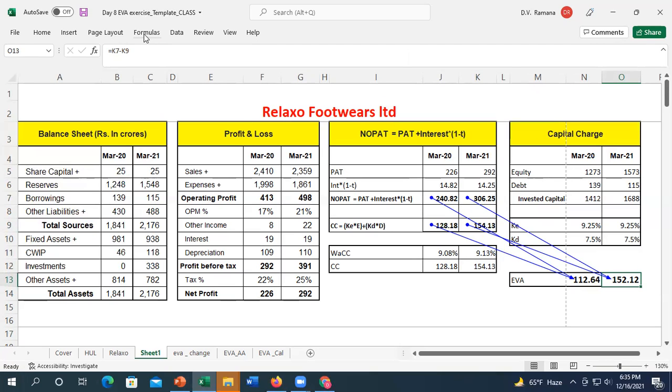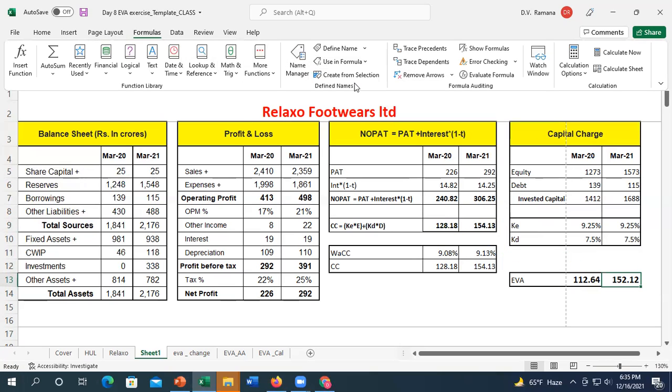So for the last 2 years, Relaxo has been generating positive EVA, and it's a positive EVA company. So we can say that Relaxo is not only generating accounting profit, but is also able to generate economic surplus, also a term called residual income, which are all reflections of the various ways EVA can be described.